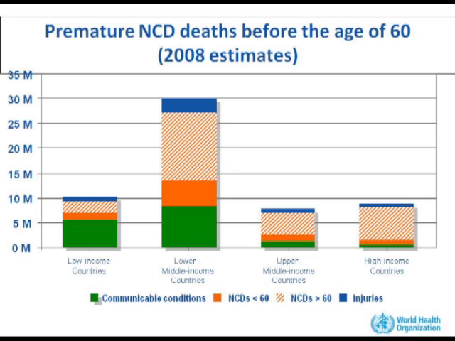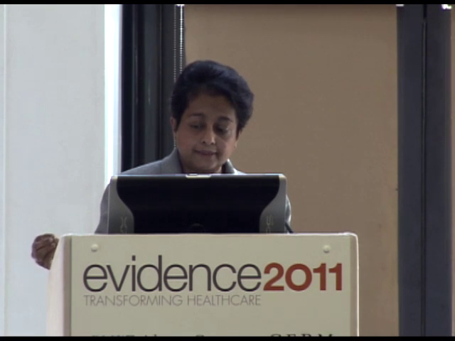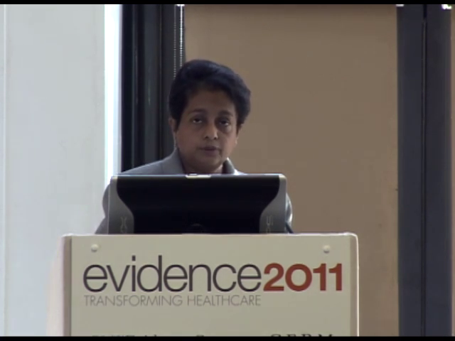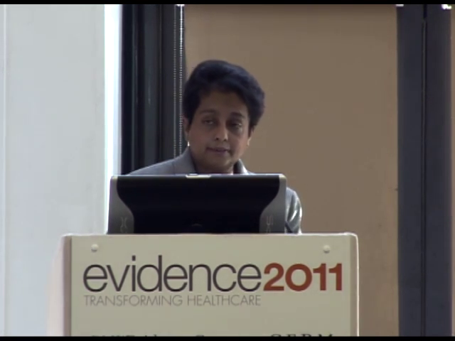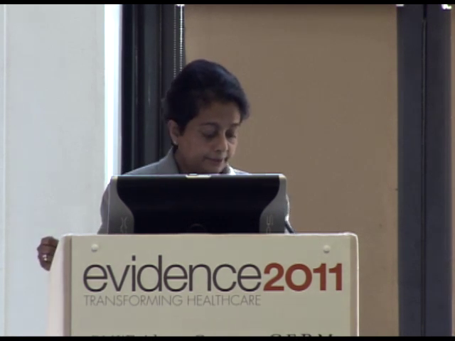The blue portion represents deaths due to injuries, and the green, communicable conditions. So what is very impressive is that in low and middle income countries, NCDs are a huge public health problem. Not only that, they are responsible for many premature deaths, which means that it's an issue which has a bearing on productivity and development, because quite a number of the people who are dying are in their productive years.